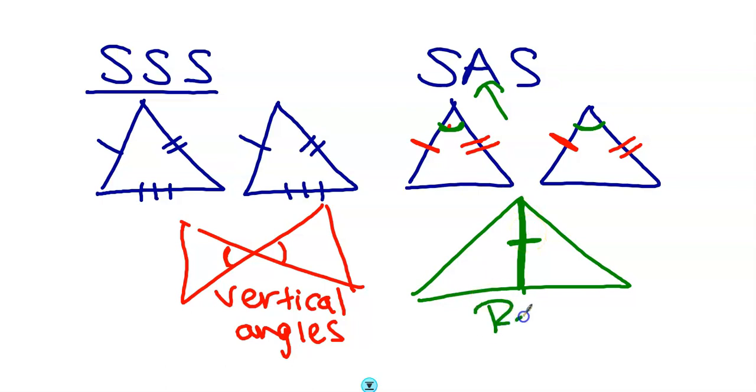So you can also prove reflexive. If it doesn't have these dashes or these curves, just know that you can look at these two angles and prove that they're congruent based on vertical angles. And if these two triangles are sharing a side, you can prove this side is the same.